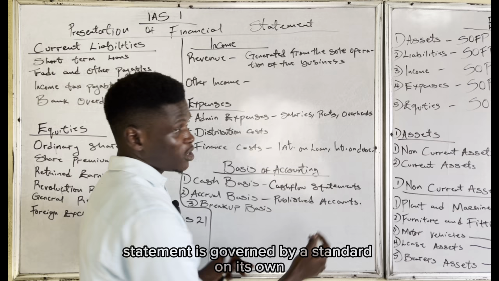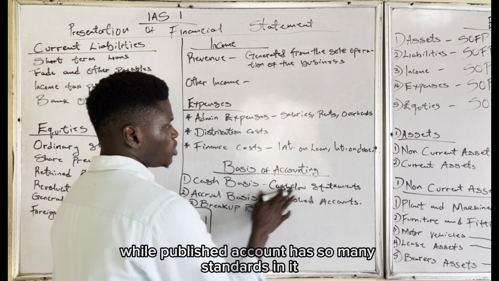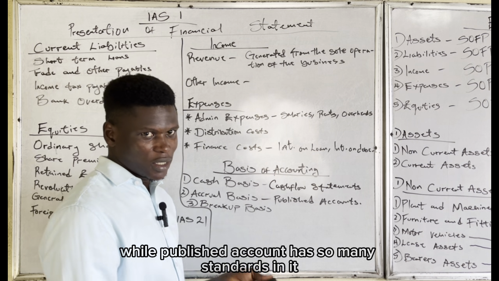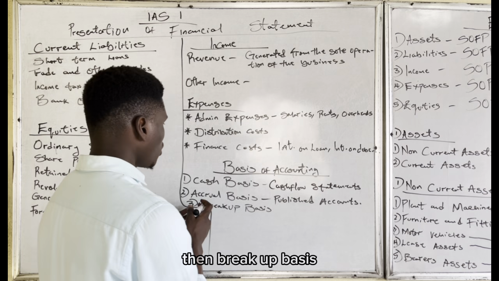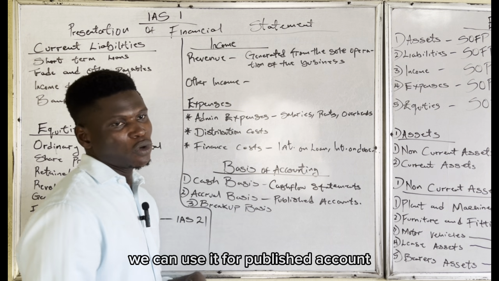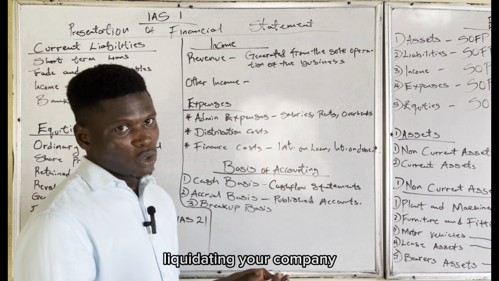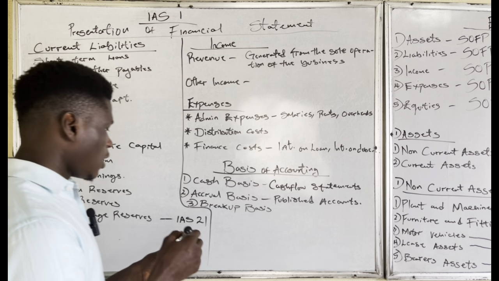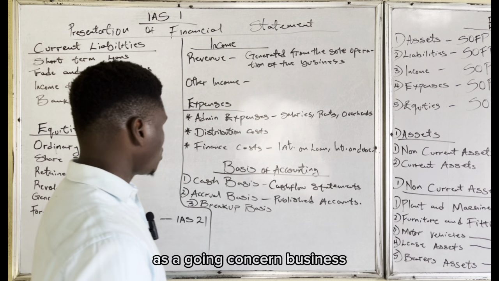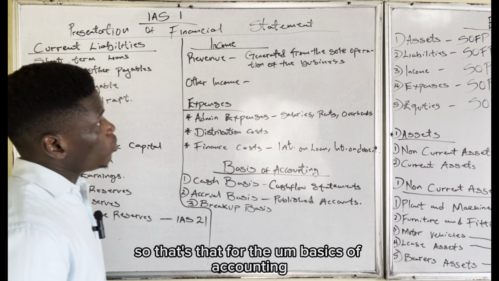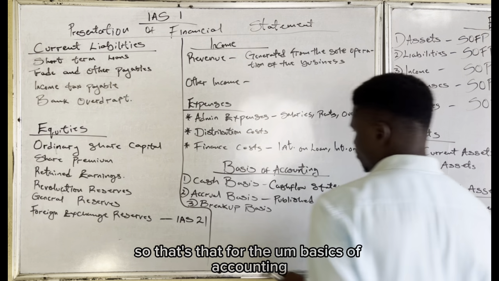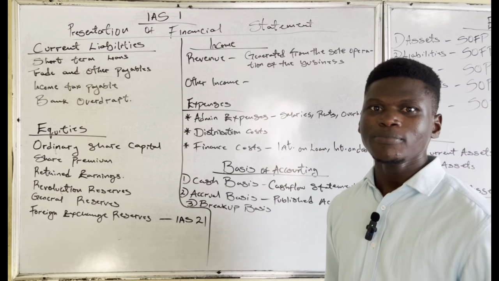Cash flow statement is governed by a standard on its own, while published accounts have so many standards in them. Then breakup basis, we can use it for published accounts also when you're actually liquidating your company, like you can no longer function as a going concern business. So that's that for the basis of accounting.